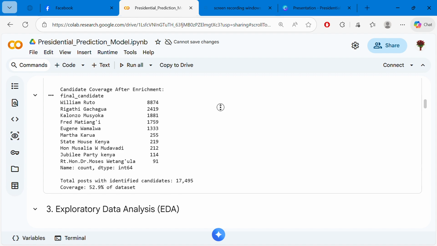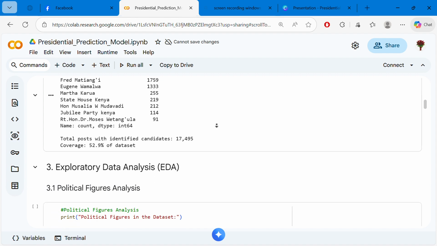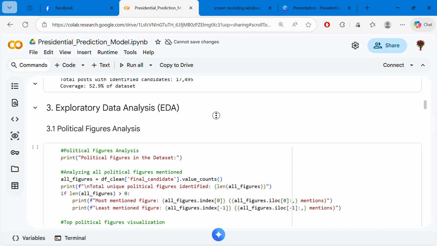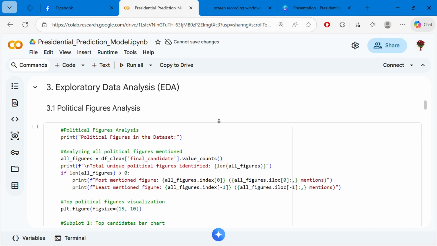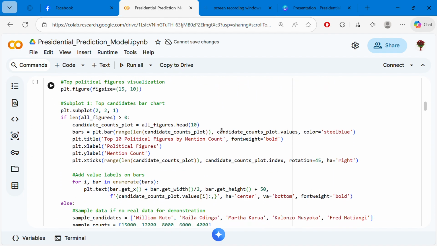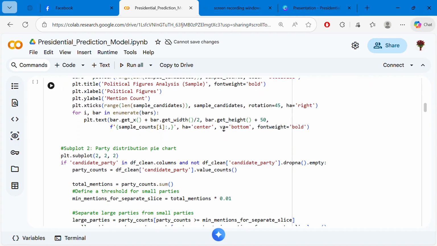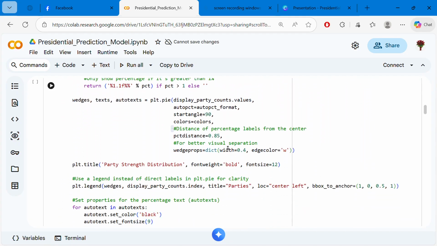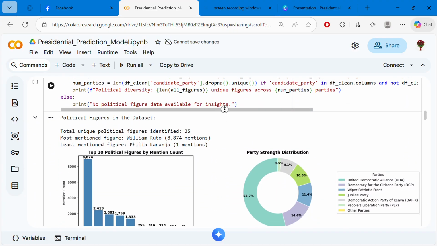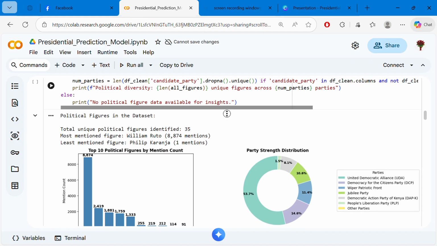Then we went to step 3, where we visualize political figures and political parties. We started with political figures analysis, visualizing figures like Ruto and others. This helps us understand more of the context and content in the dataset.